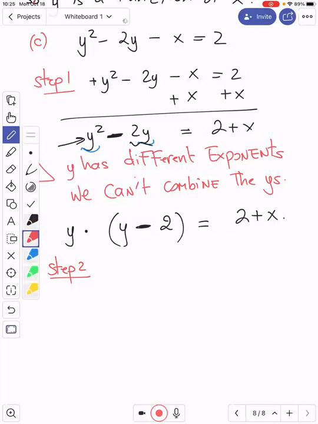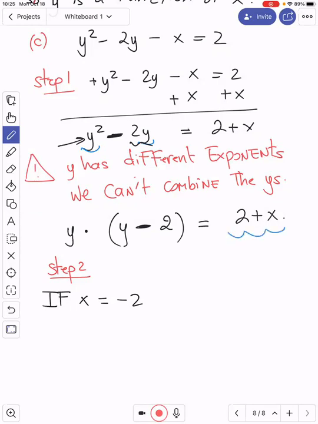But if you take some random value of x, for example, I'm going to take x equal to -2. Why did I pick -2? Because if my x is -2, the right side is going to be 0: 2 plus -2 is 0, and 0 is the simplest number.